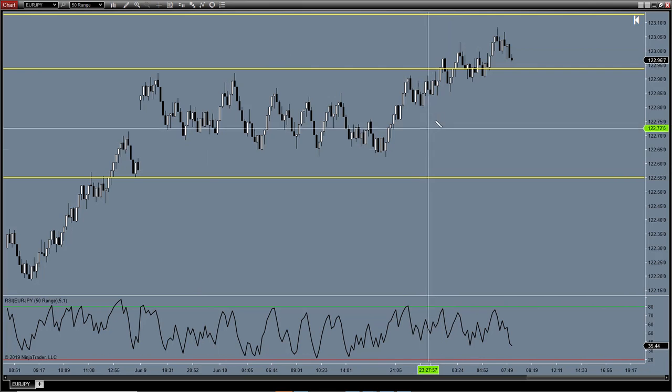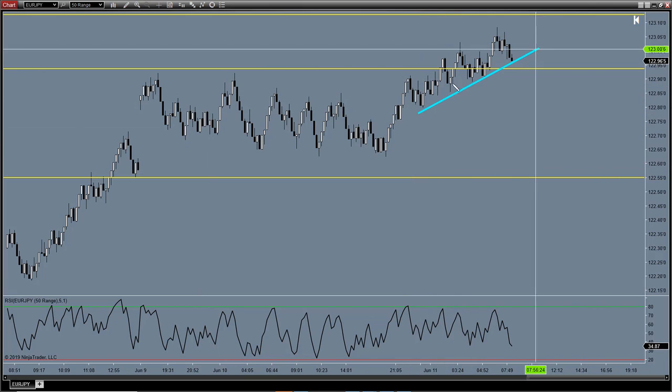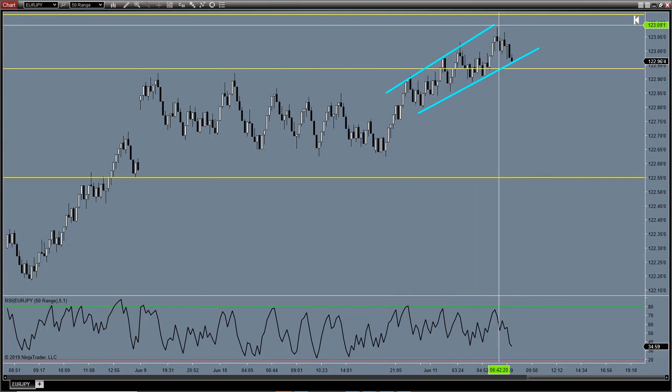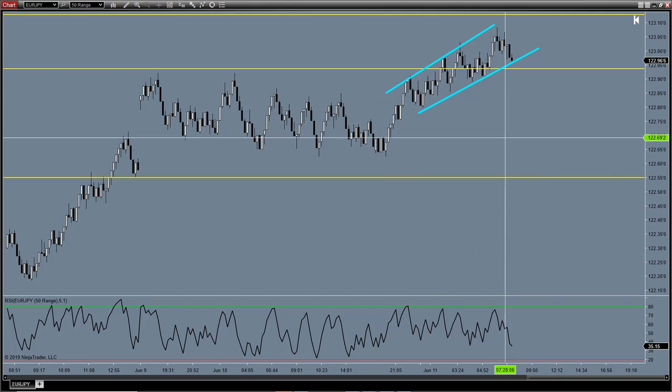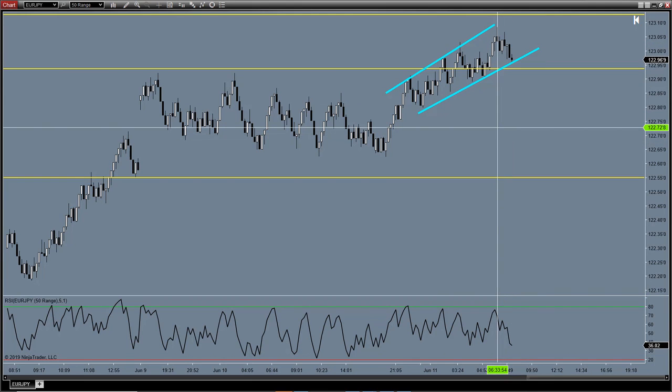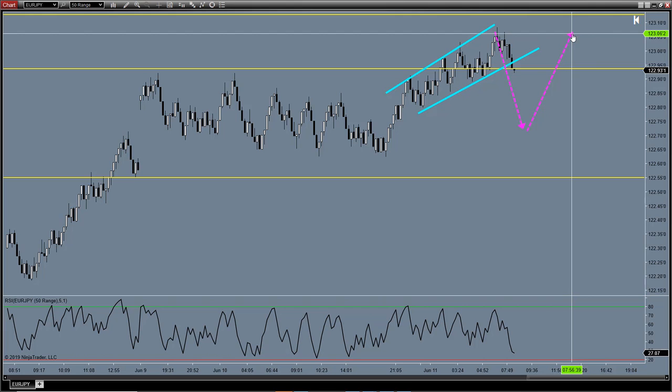I think you want to be cautious with this one though. Again, not a convincing breakout at all. Not a very strong sign of bullish strength. If there's not a strong sign of bullish strength, there may be some bearish strength lurking around the corner. But you can look for a pullback into that flag and then a chance to go higher.